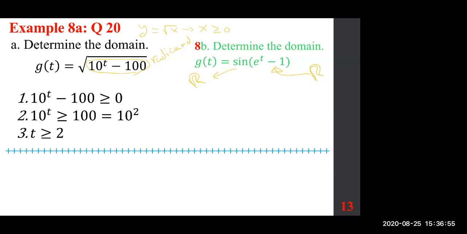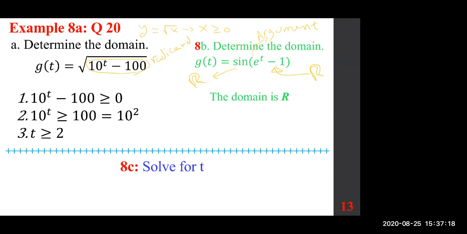So you go with the restriction for the argument of sine. E to the power of t minus 1 is called the argument, okay? Argument of sine has no restriction. The domain, therefore, is all real numbers, okay?